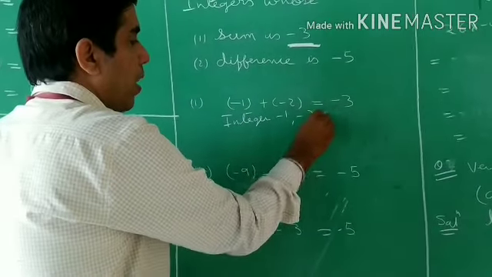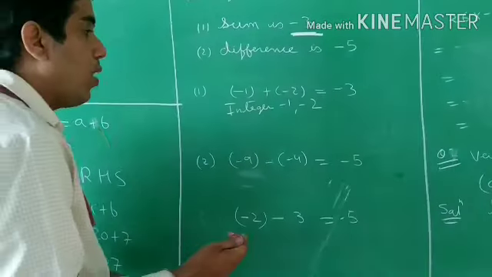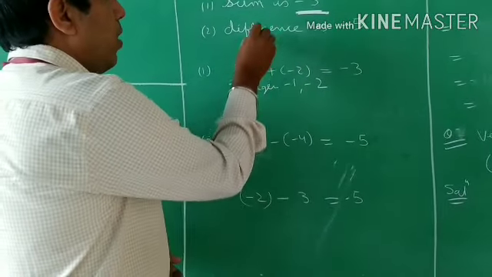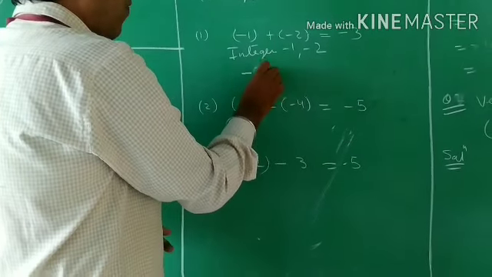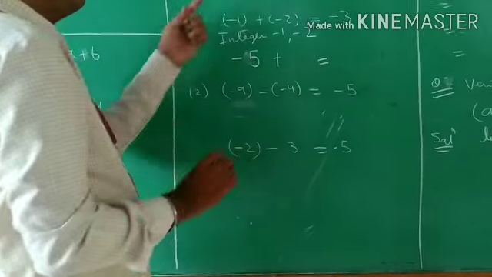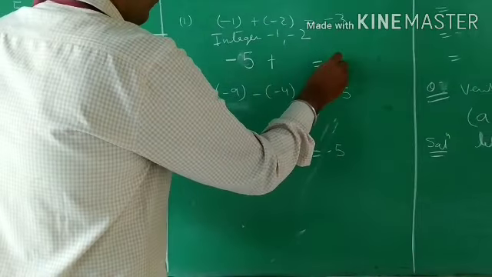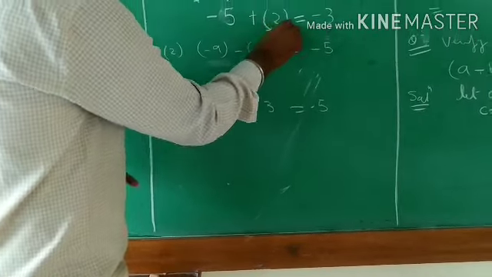-1, -2. But suppose you want to write a different number. How to write? You can take any number. Here the sum, so you can take minus. Suppose I take -5. What number do I add to -5? The answer comes -3, so it is obviously 2. So 2 is a number.